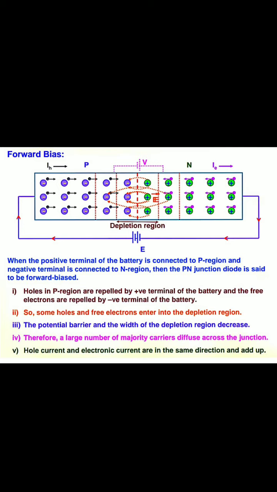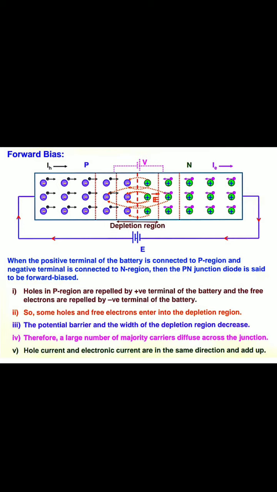And this repulsion process is continuous. Due to this repulsion force, the width of the depletion layer keeps decreasing. At first, with a little decrease, we get a little current. Then as the depletion layer decreases further, the diffusion process increases, and we get more diffusion current.